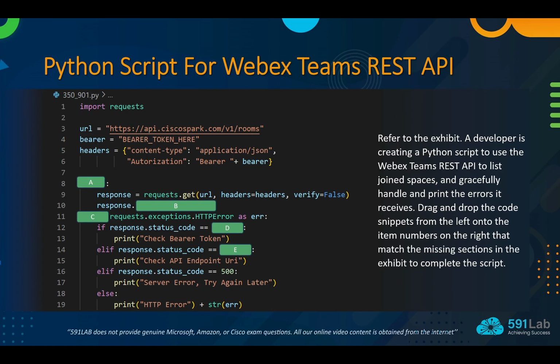A developer is creating a Python script to use the WebEx Teams REST API to list joined spaces, and gracefully handle and print the errors it receives. Drag and drop the code snippets from the left onto the item numbers on the right that match the missing sections in the exhibit to complete the script.